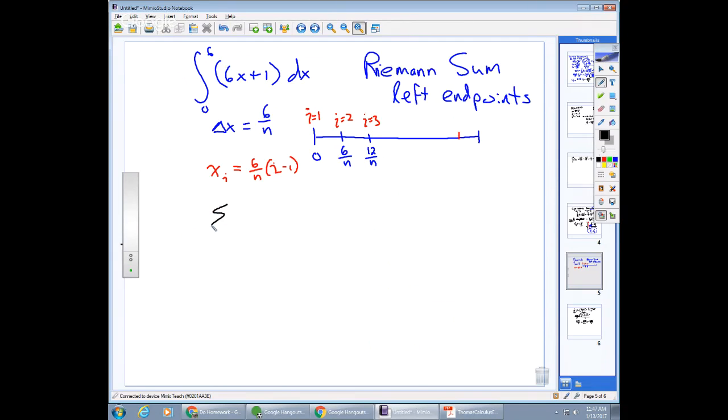So my sum here, i goes from 1 to n. My width is 6 over n. And then my function says take 6 times your x value, and then add 1. So for the height, my x values happen to be these red things here. So I have to plug that in here. So I'm going to have a 6 over n times i minus 1.